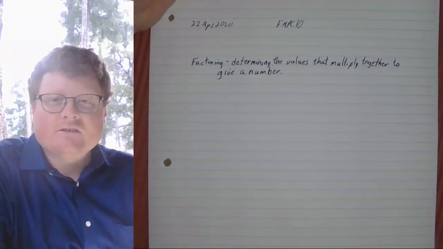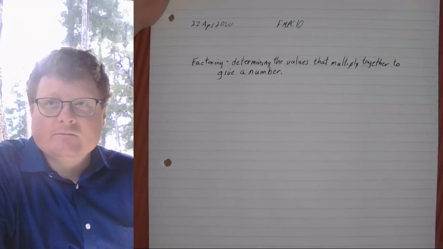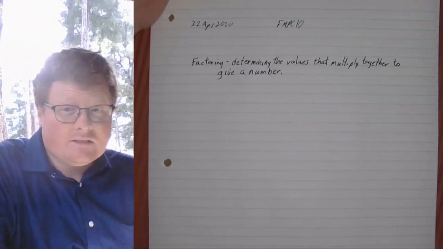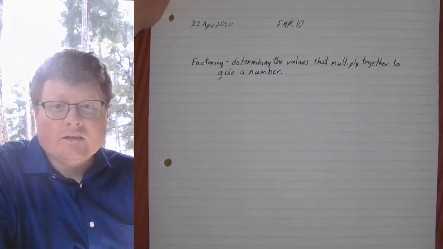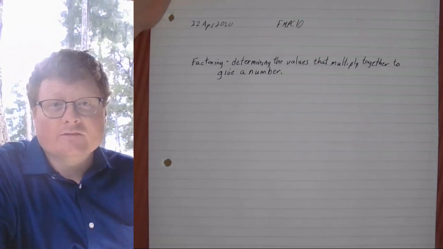And we're typically going to look at these as whole numbers, as real numbers. They can be positive, they can be negative. And that's the part that can get confusing, is you have to consider you have negative factors at times.